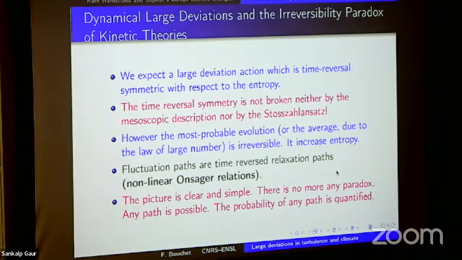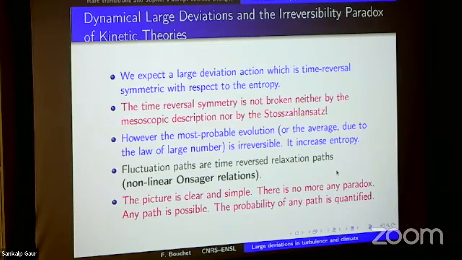Then actually, because of this time reversal symmetry, you see that the fluctuation paths are the time reversed of the relaxation paths. And you actually have the same thing as the Onsager relations, but fully nonlinear. It can be as nonlinear as you wish. You can consider shocks, whatever you like. You still have the time reversal symmetry.